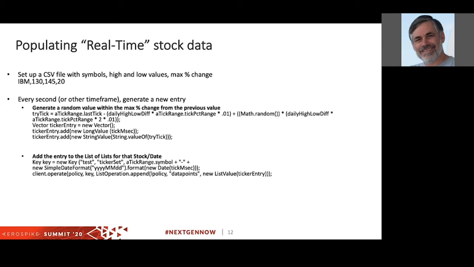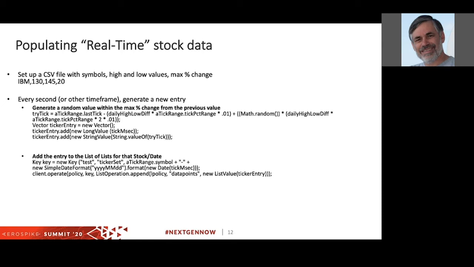In this case, it's telling me generate data for IBM between $130 and $145, but don't have one tick be different from the other by more than 20%. I don't want to generate wild swings in my graph. I'm trying to make them look more realistic.